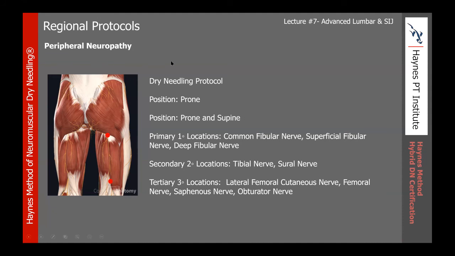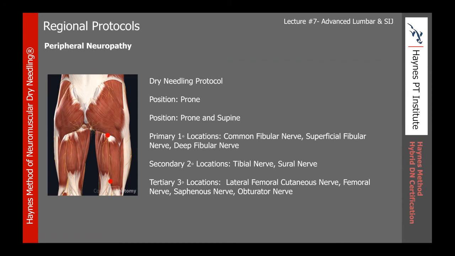Lastly, in peripheral neuropathy, we'll address peripheral neuropathy a little bit more in detail when we get into our final lab session. But basically with this, there are a lot of the nerve structures coming out that have the potential to be entrapped somewhere along their path. We've identified their most common area of entrapment, and we've simply used our needles to try to do two things.